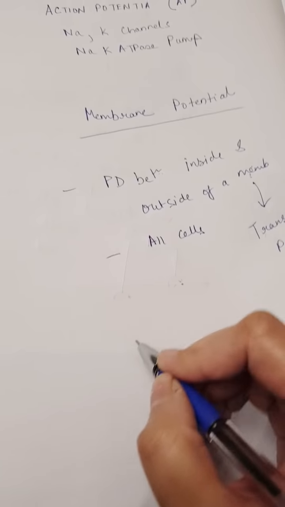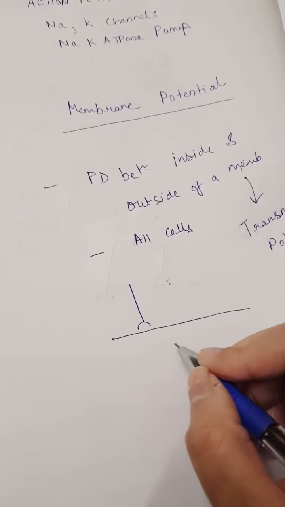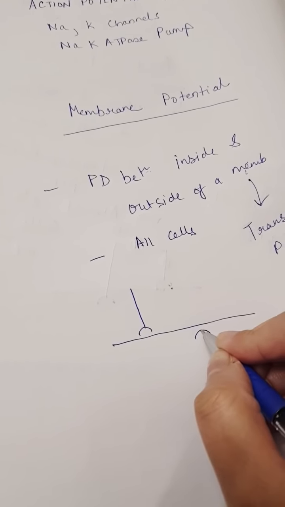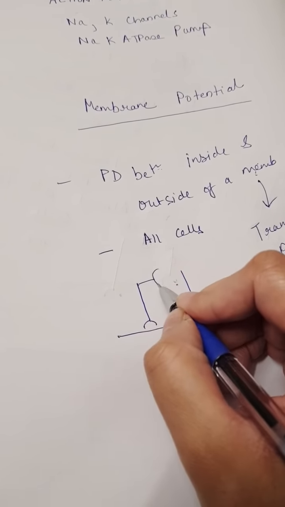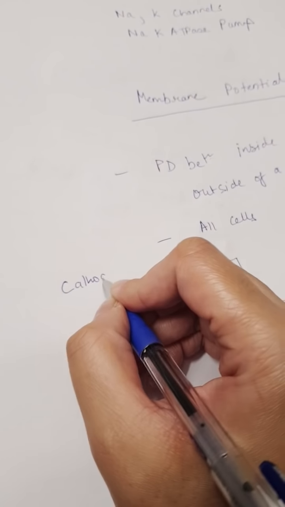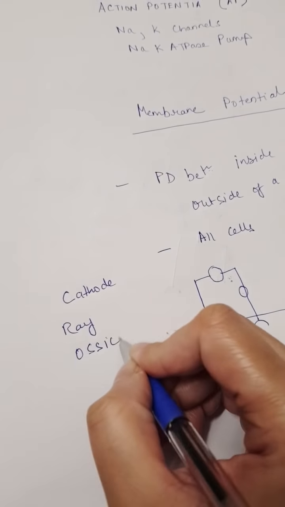Okay, so say this is a membrane. We put one recording electrode on the surface, one recording electrode in the interior, connected to a cathode ray oscilloscope via an amplifier. So I hope you have all studied cathode ray oscilloscope in physics.